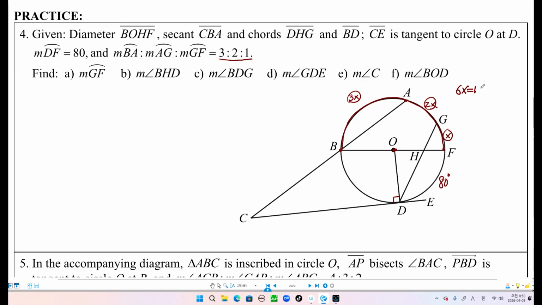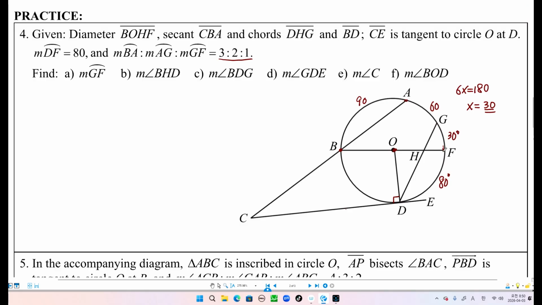That equals 180, so x equals 30. Put this number in for x. 3 times 30 is 90. I'm going to replace it with 90 degrees. This one is 2 times 30, 60 degrees. This one is 30 degrees. Yeah, that's it.